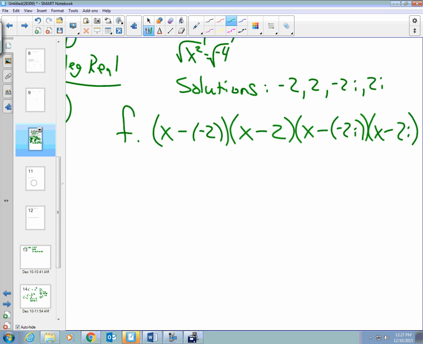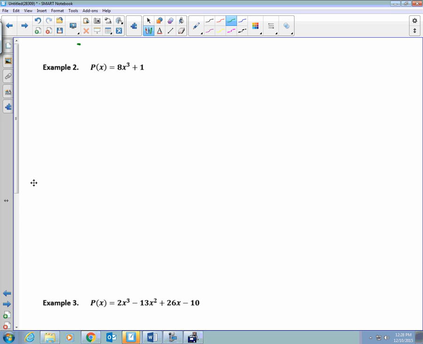All right, let's do the next one. Example 2, x cubed plus 1. How many zeros does it have? 3. Number of real might have 3.